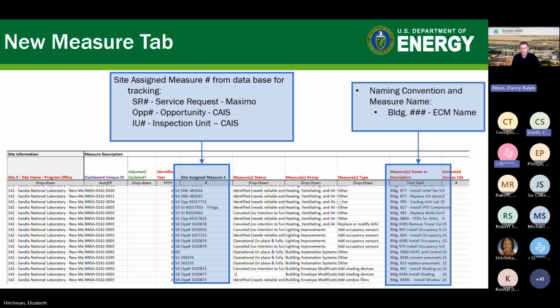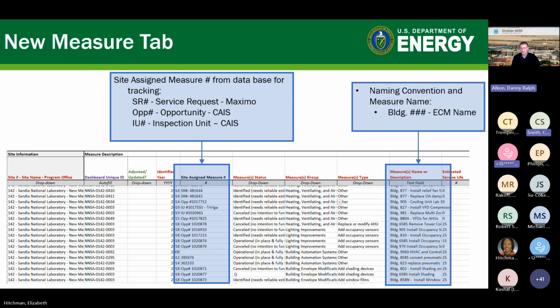For site assigned measures, there's a number of columns here, and like I mentioned, the red ones need to be completed, but I'm going to focus on the two that we have lessons learned over the years. The first one is the site assigned measure.